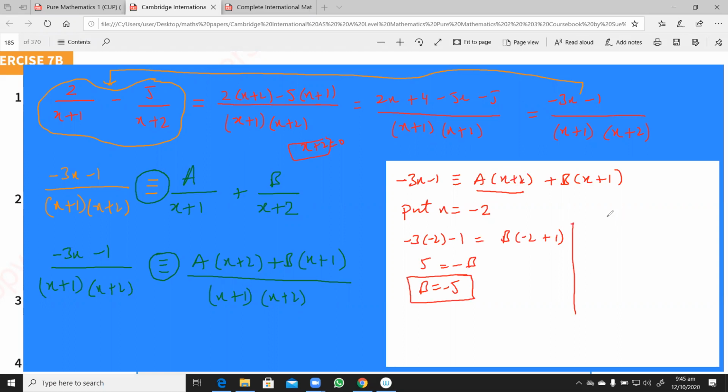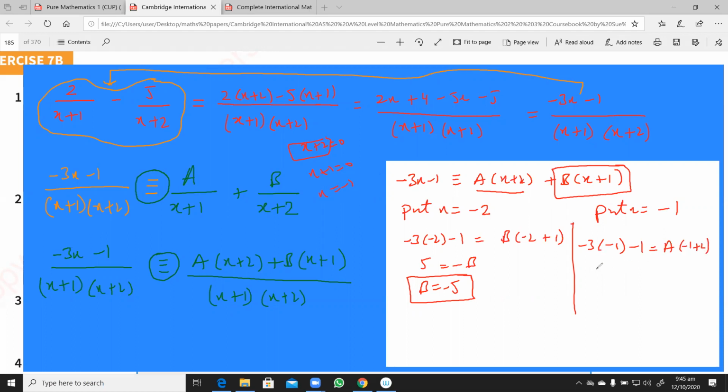Okay, and then you will put x equal to minus 1, because I want to get rid of all of this. If I put x plus 1 equal to 0, I get x equal to minus 1. So I will have only a with me. So this is minus 3 into minus 1 minus 1, that is equal to a into minus 1 plus 2.